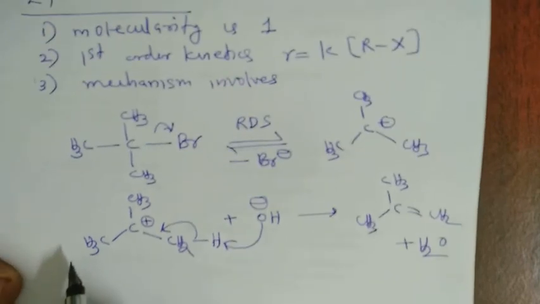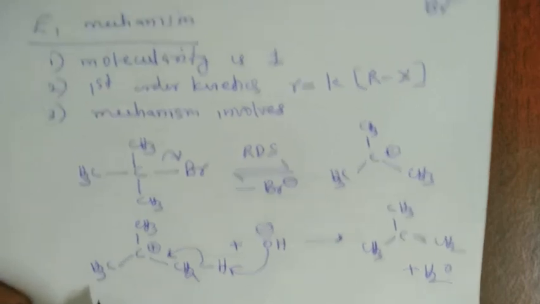E1 mechanism is observed only in the case of tertiary alkyl halides and if the base is relatively weak. With strong bases like amide ion, alkoxide like tertiary butoxide, etc., tertiary alkyl halides also follow E2 mechanism.